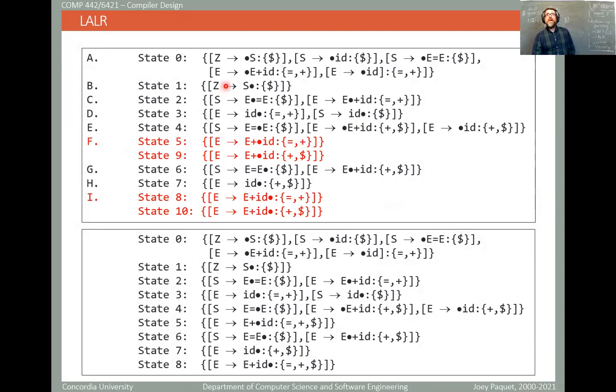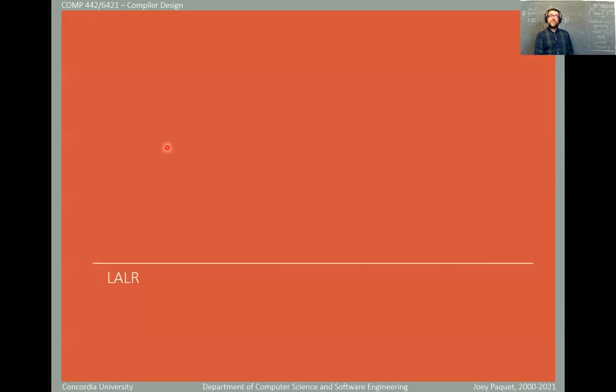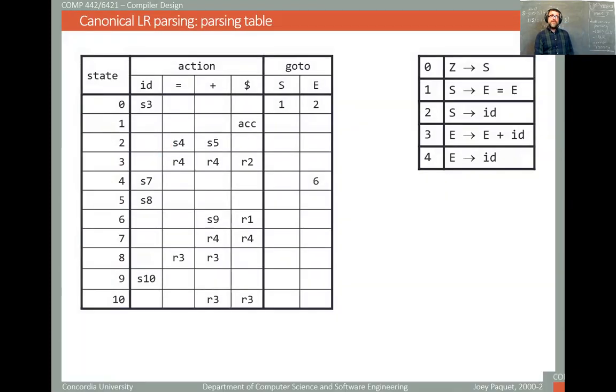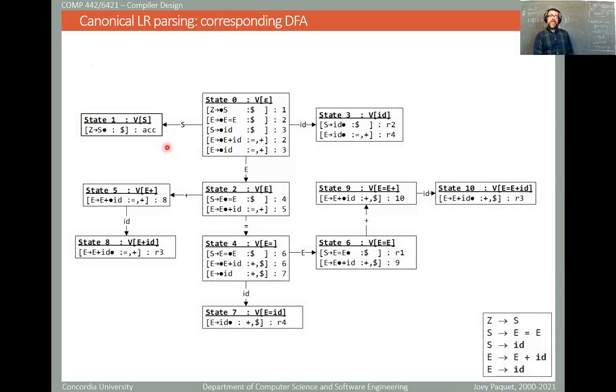So what do we have? This is the same item sets that we had in the previous CLR example. If we look at state 5 and 9, state 5 is here and state 9 is here. State 5 has E gives E plus dot ID, and state 9 has E gives E plus dot ID.